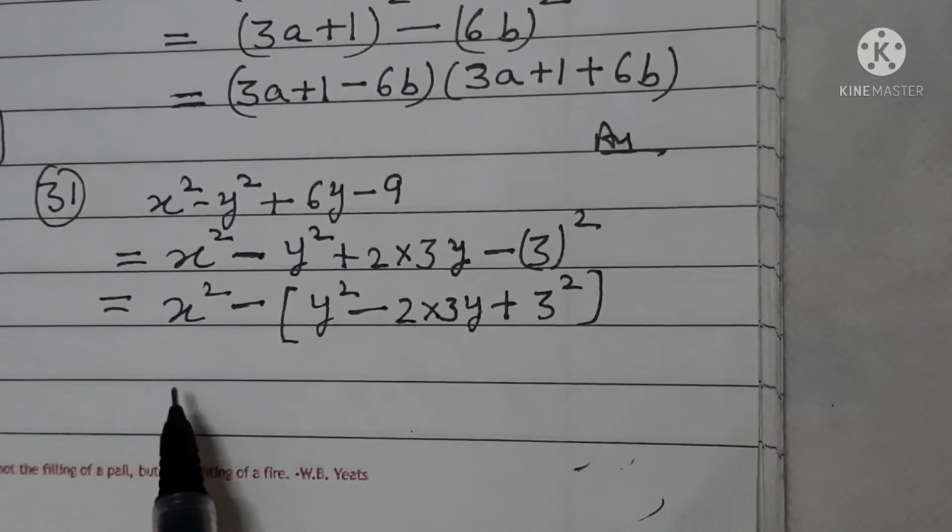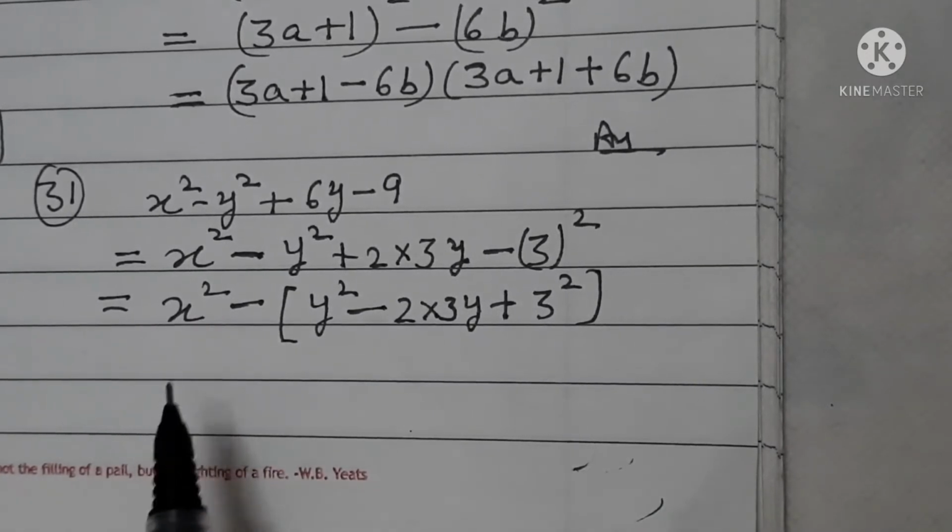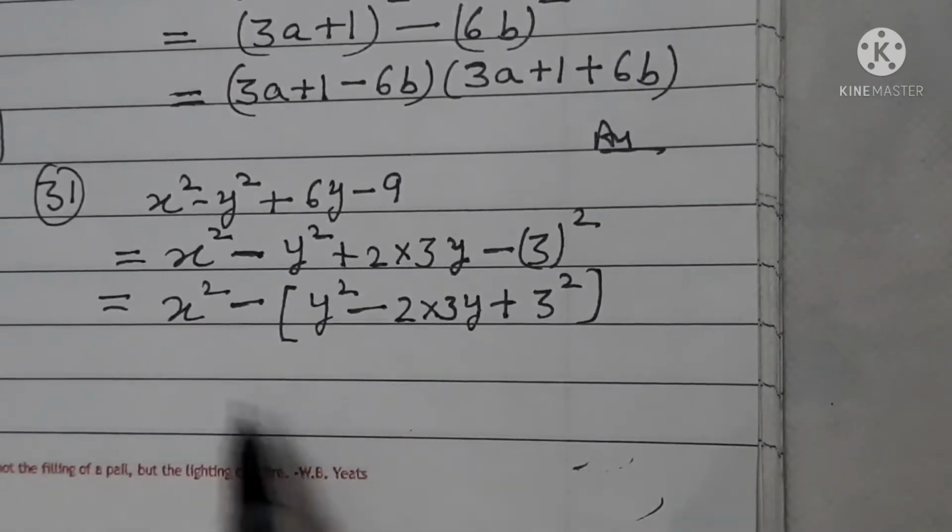So you will use the identity a square minus b square. Do it and check the answer.